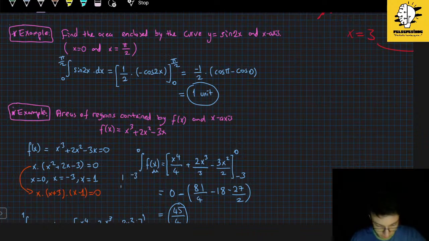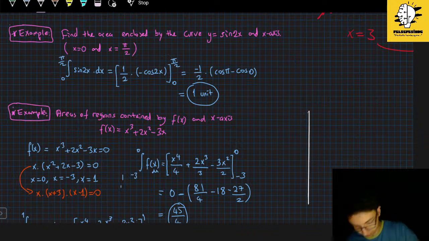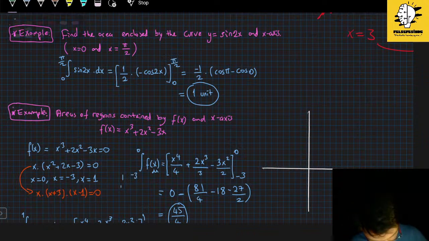I don't know that function. Burak, could you take a look at Desmos? I'm doing it right now. Okay, I'm done. I'm just drawing the function. It will make things clearer.